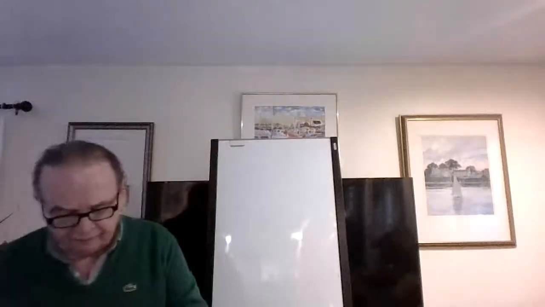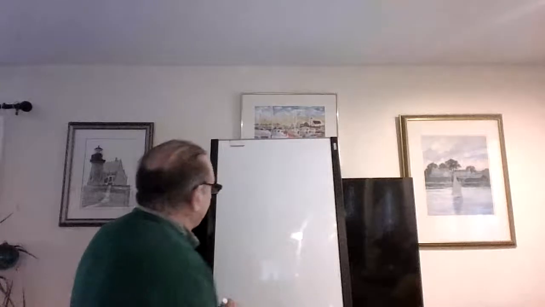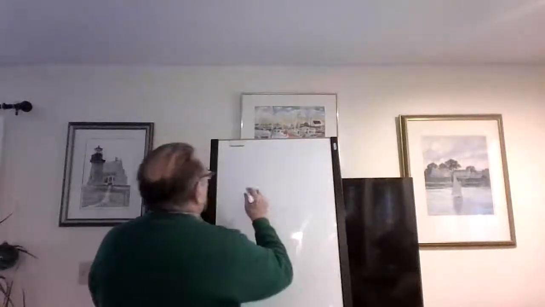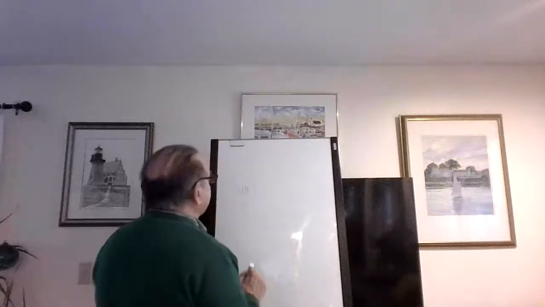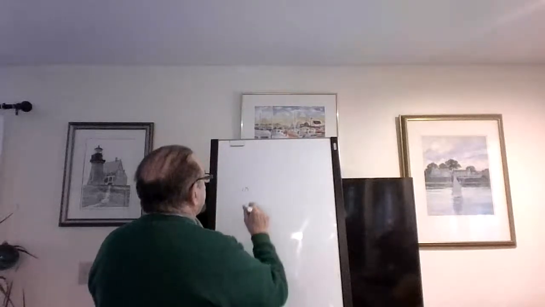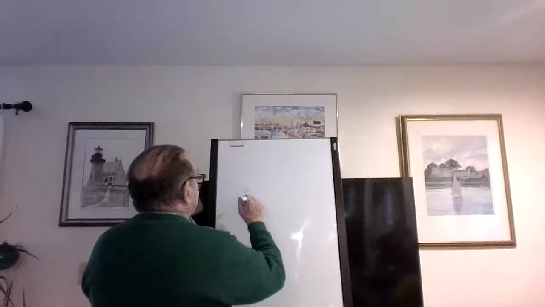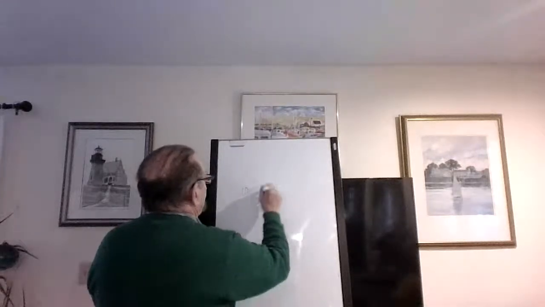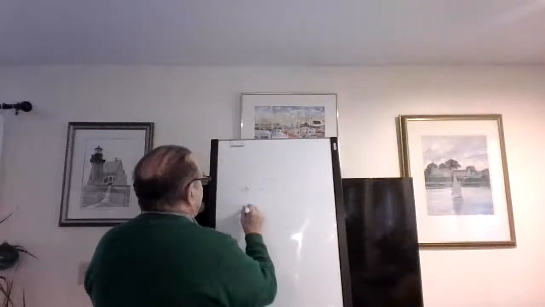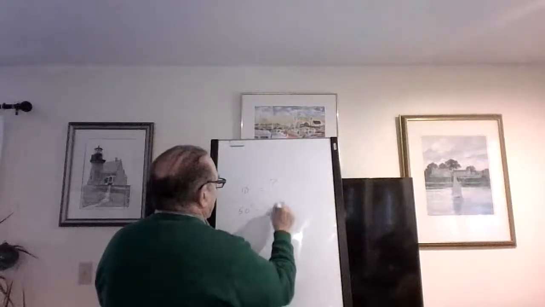Okay, let's take a look at number 12. And what you have is 50 feet, right? And you have a 10-foot length, right? 10 feet equals how much? 50 feet equals 6¼, right?